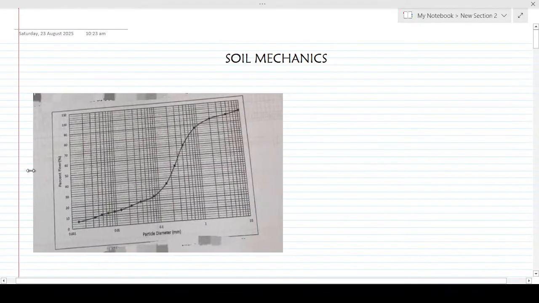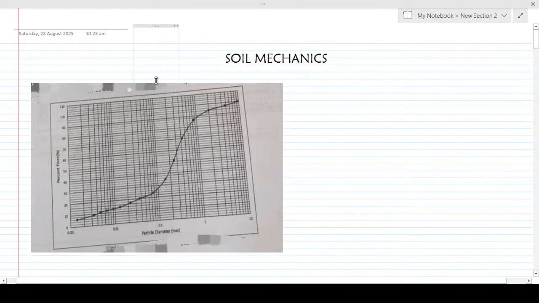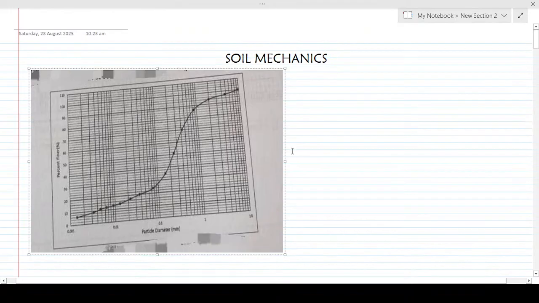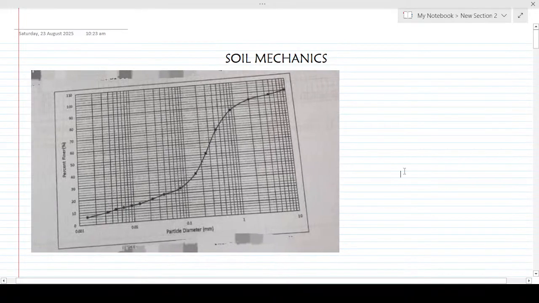We are going to use this graph in our classification.